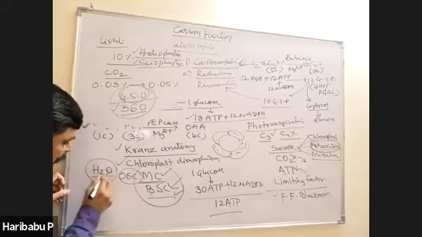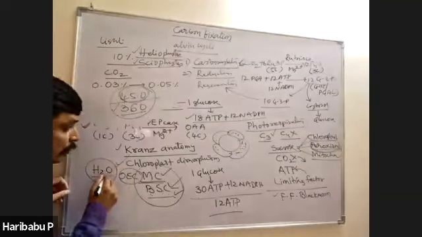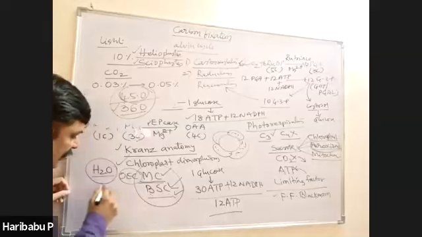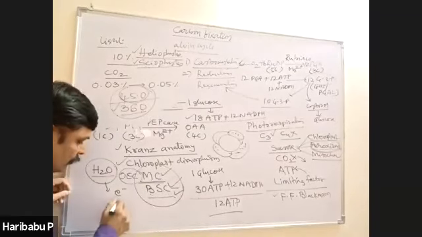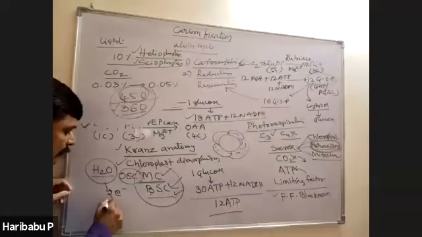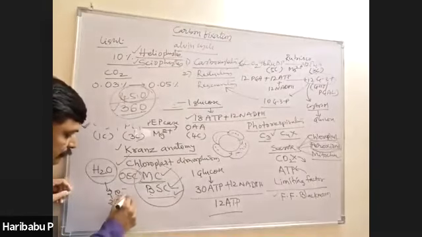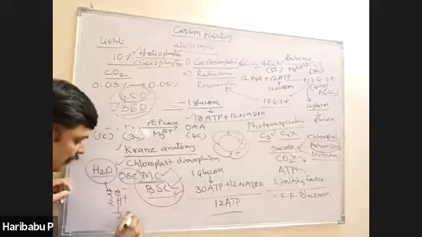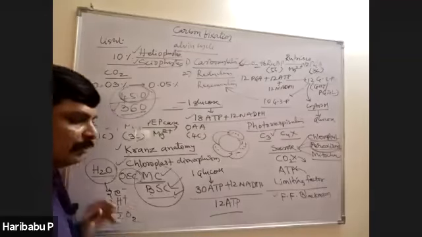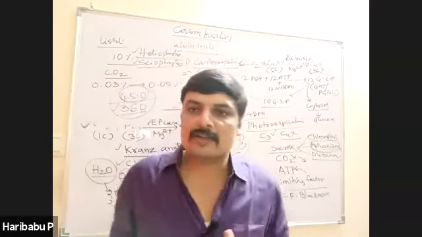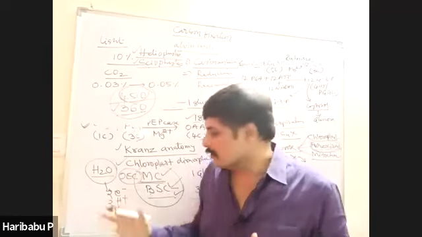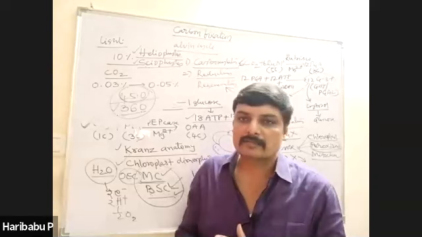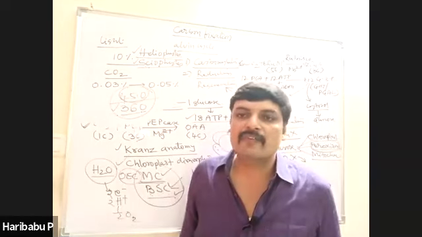This complex breaks down the water molecule towards the lumen side. As a result, it produces electrons, protons and O2 is liberated. That means water acts as a source of electrons, a source of protons, and a source of oxygen. Therefore, water is a very important factor.